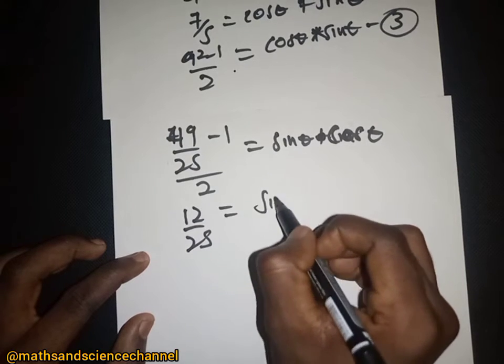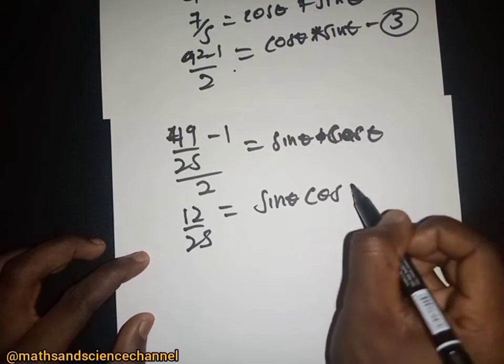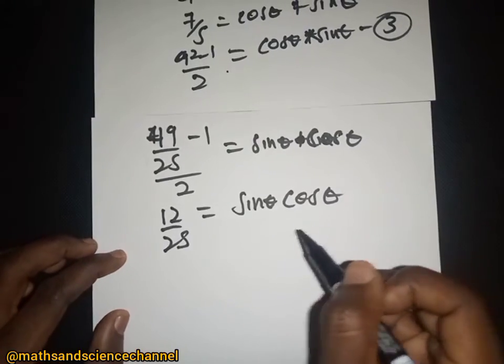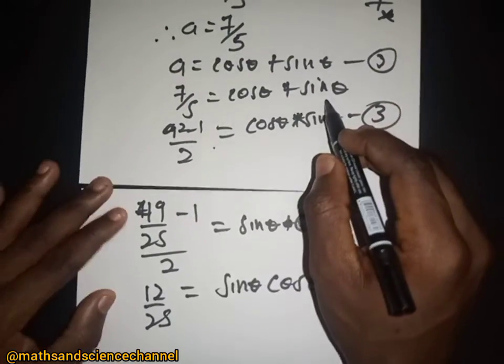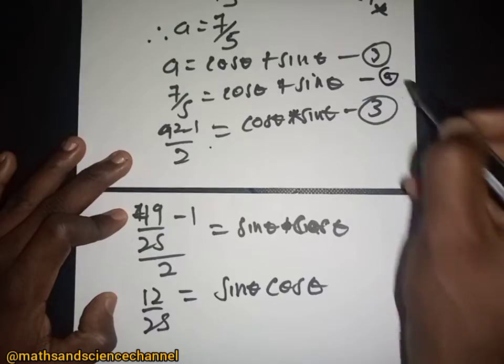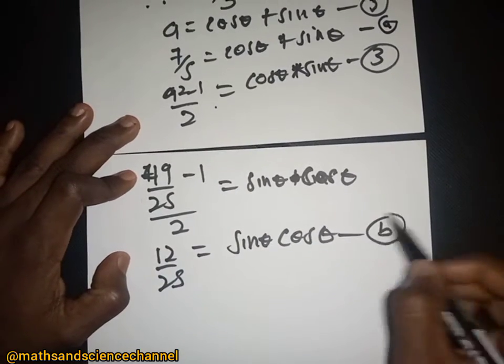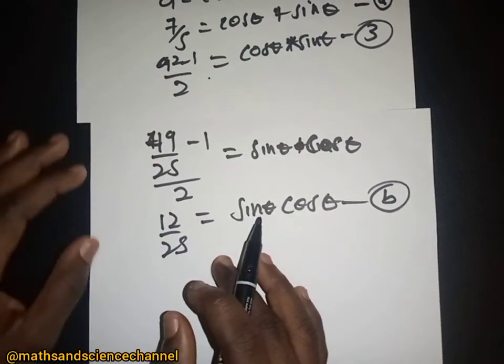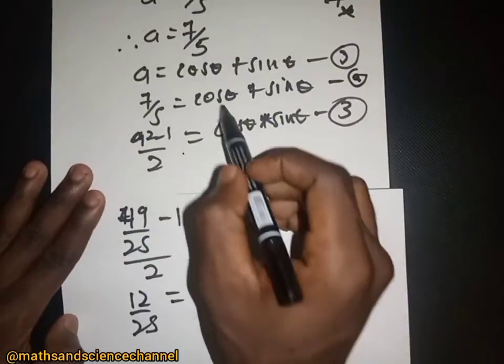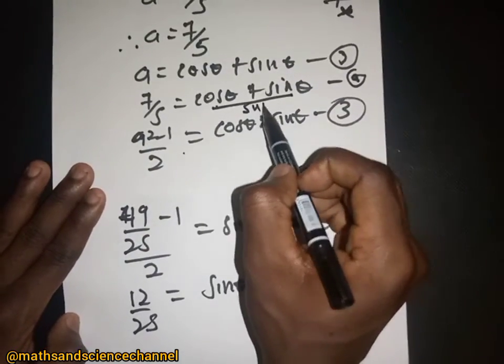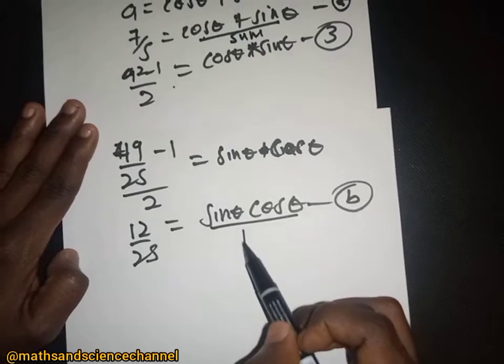So let's call this one a, and this one b. Now remember, we have their sum, so this is just the sum, and this is just the product.